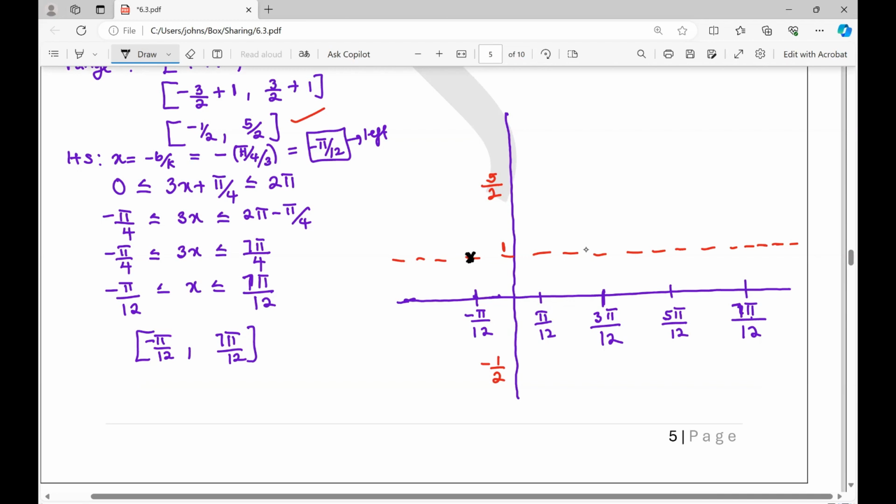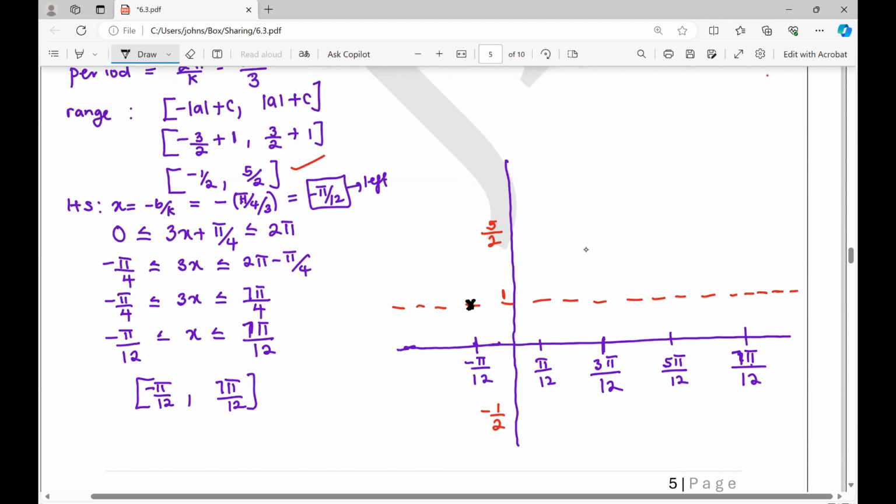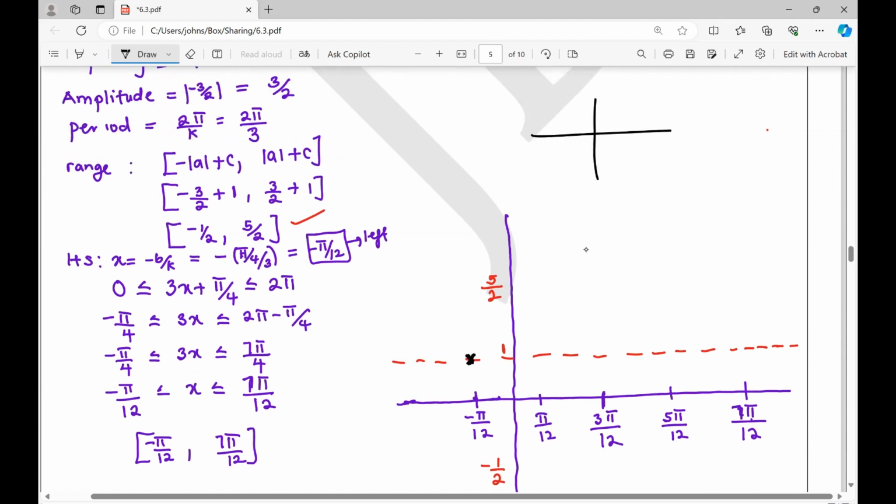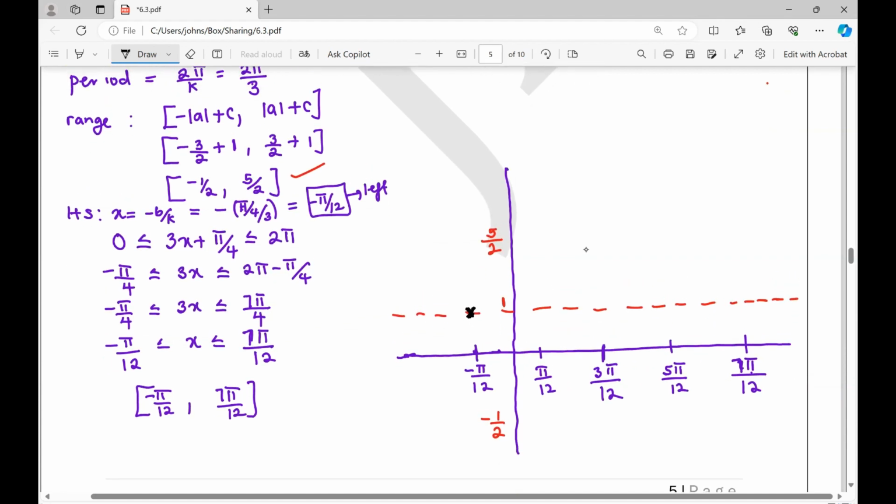So we start here. Remember the graph of sine: once you start from the origin and move right, you go to the maximum, you come back to the baseline, then you go to the minimum. So we're going to follow the same pattern. We start from our origin, which in this case is our first point, minus pi over 12.